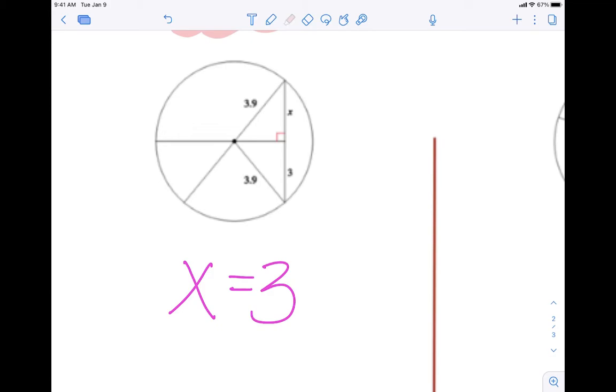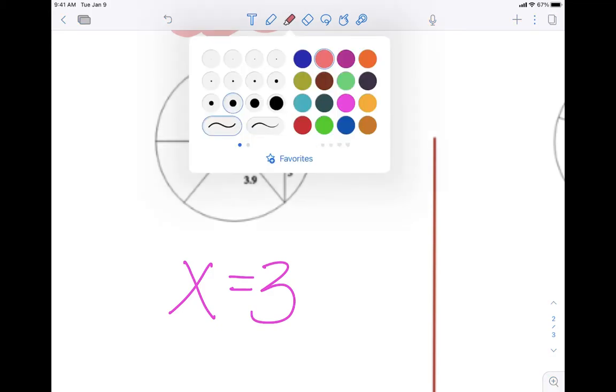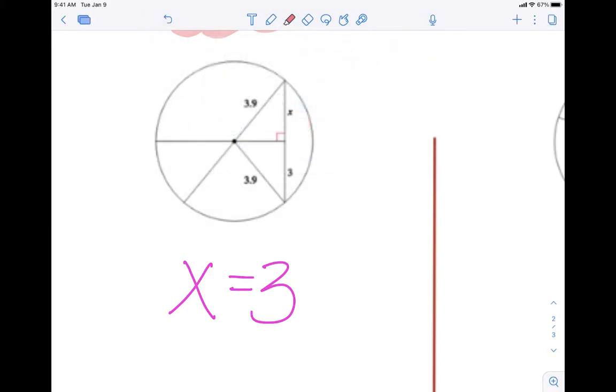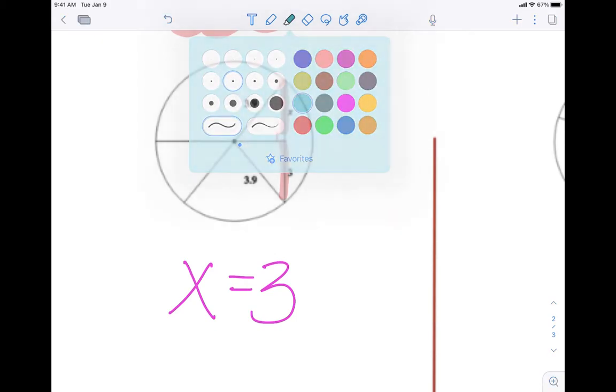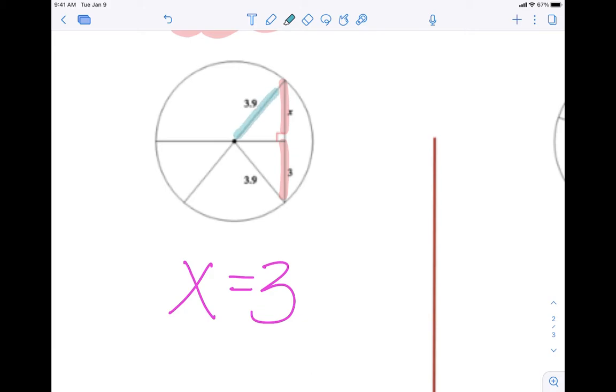They are equal because this 3.9 was equal to that 3.9. So congruent parts. The top was congruent to the top. That means the side was congruent to the sides.